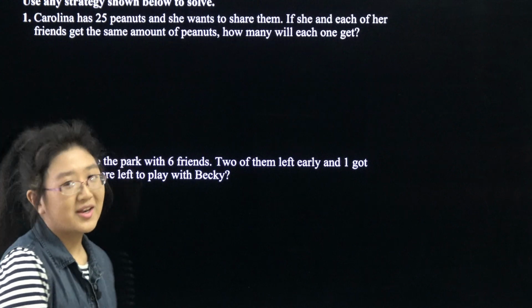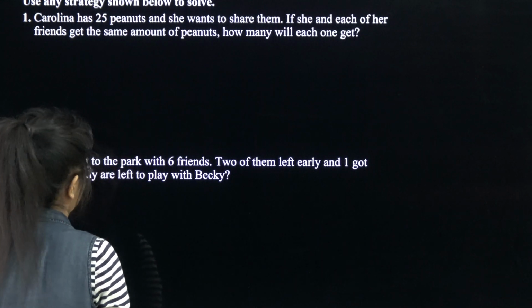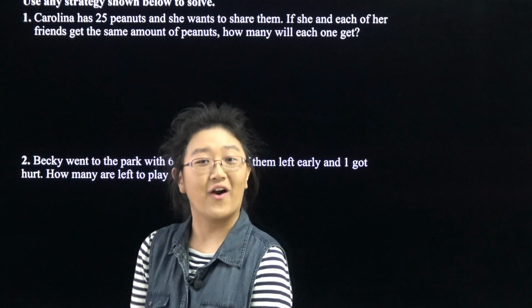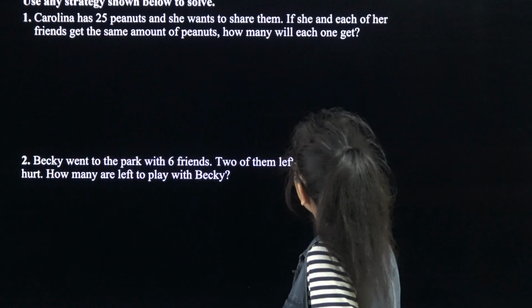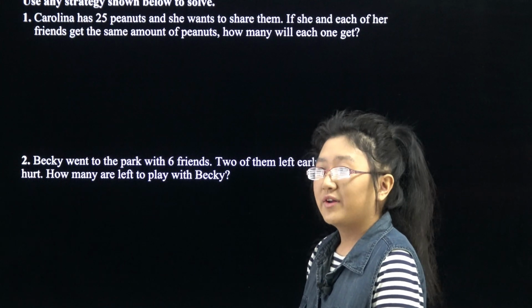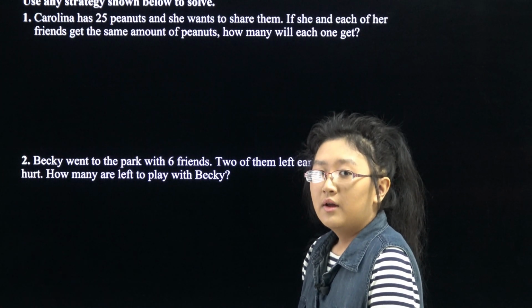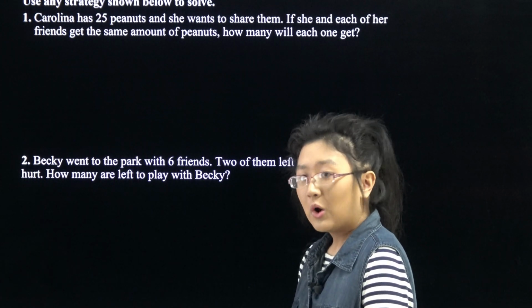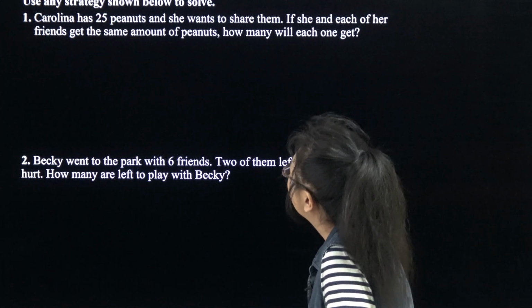Or she could have 24 friends and each friend gets 1 peanut. Or she could have no friends and just take all 25 peanuts. Essentially, this question doesn't have enough information, so you should clarify it with your teacher, or just write not enough information.